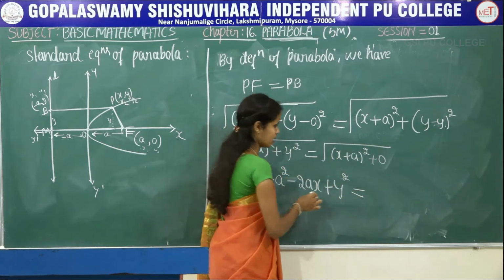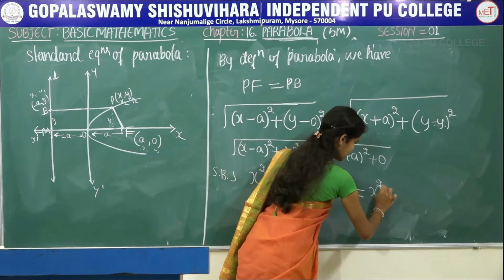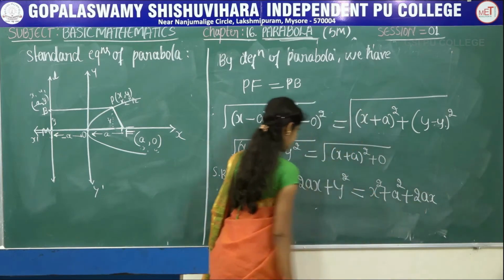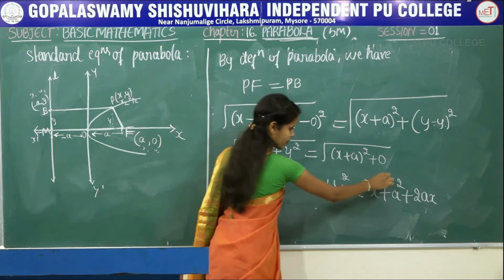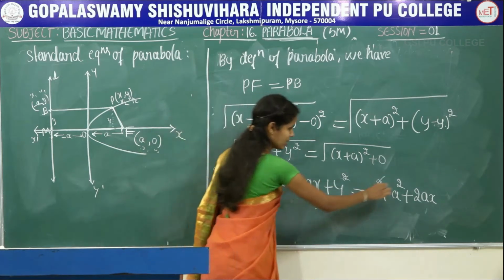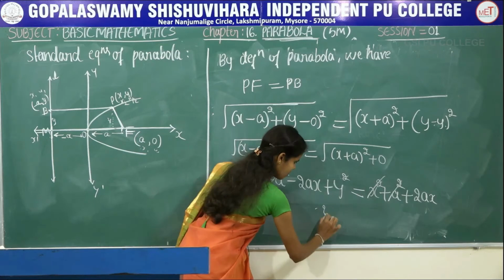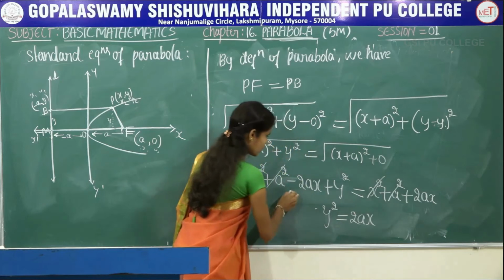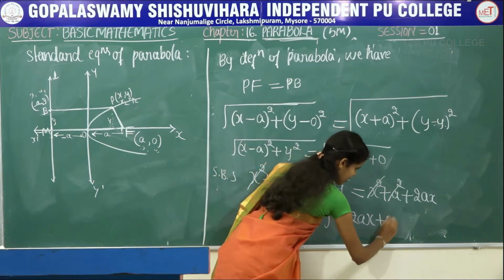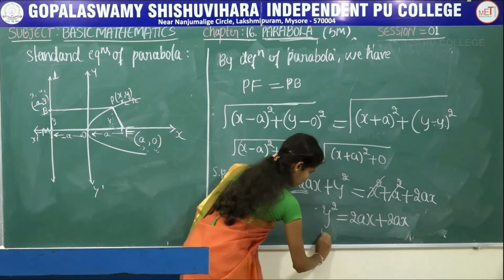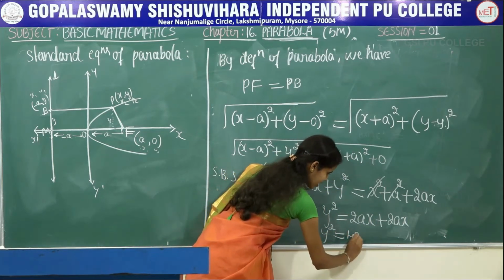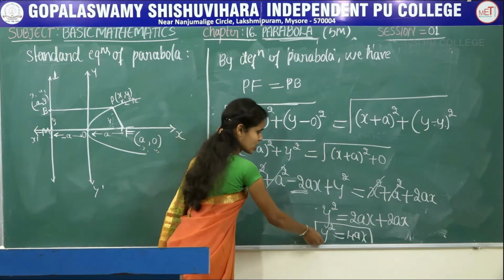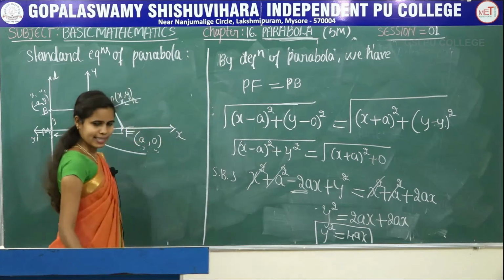Expand x plus a whole square: x square plus a square plus 2ax. Here x square gets cancelled, a square gets cancelled. The remaining terms: y square is equal to 2ax on the right side, and taking the term on the left to the right, it becomes plus 2ax. Therefore y square is equal to 2ax plus 2ax, which is 4ax. So this is the standard equation of the parabola: y square is equal to 4ax.